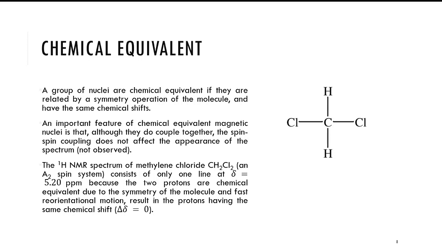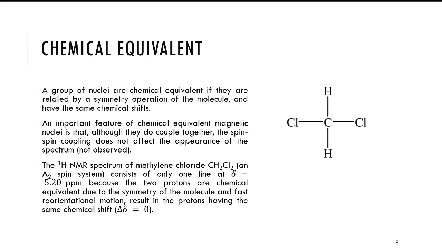I also like to talk about chemical equivalence. If you have a group of nuclei, they are chemically equivalent if they are related by a symmetry operation of the molecule, and because of that they will have the same chemical shift.